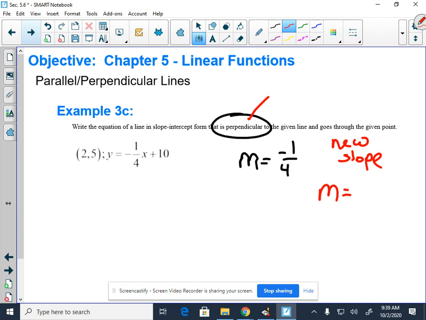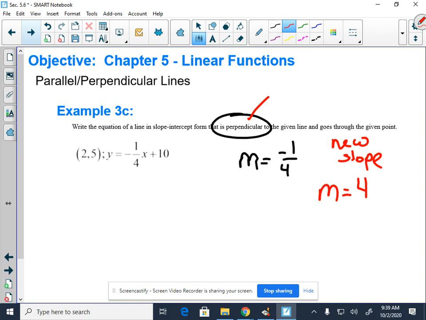Another 2 seconds, and I'm going to ask for it. What do you think it is? +4/1, and we can just write it as 4. That was correct. 4/1, because it's positive. It's always the opposite. Since this was negative, this was positive, and then it's 4/1.